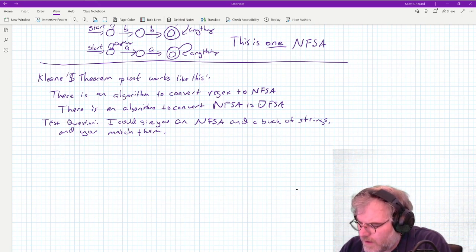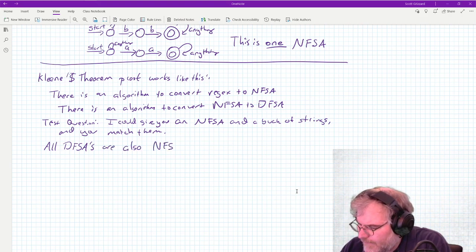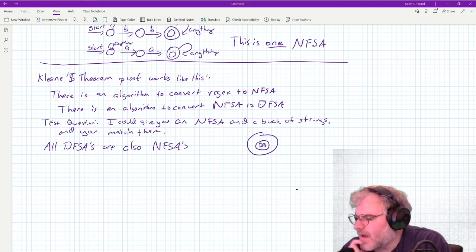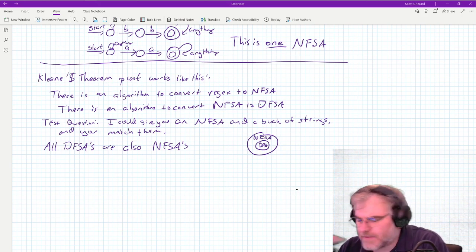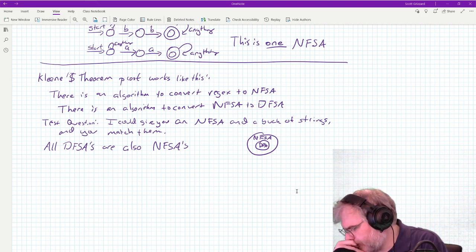All DFSAs are also in FSAs. Okay, so there's a hierarchy here. All right. So a deterministic finite state automaton is a non-deterministic one. Okay.